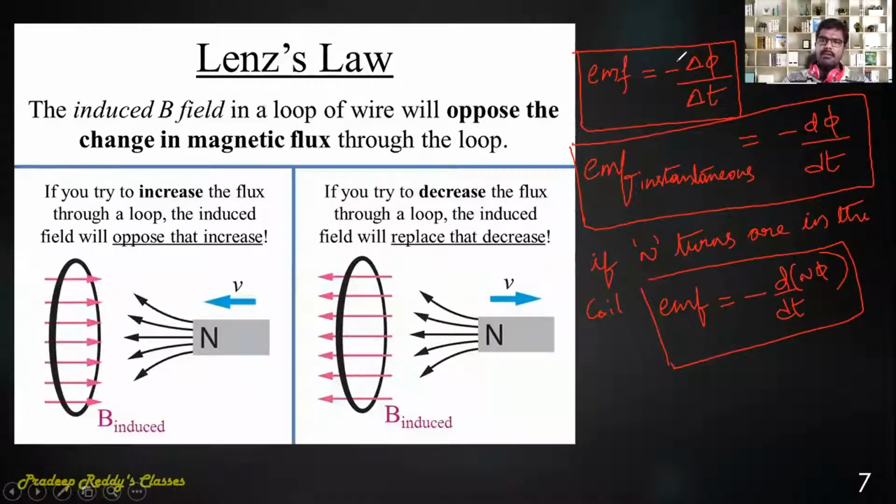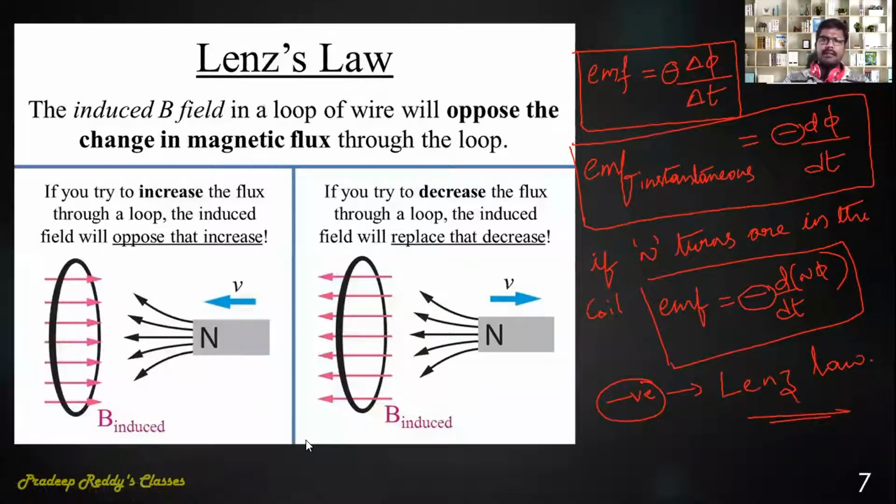And everywhere we have included this negative sign. And this negative sign is the significance of Lenz's law. Now, what does Lenz's law state? Lenz's law states that the EMF produced within the coil is in such a way that it opposes the change in the magnetic flux through the loop.